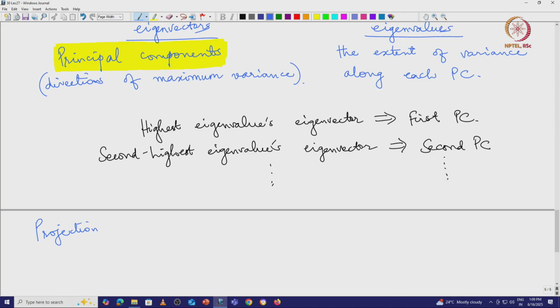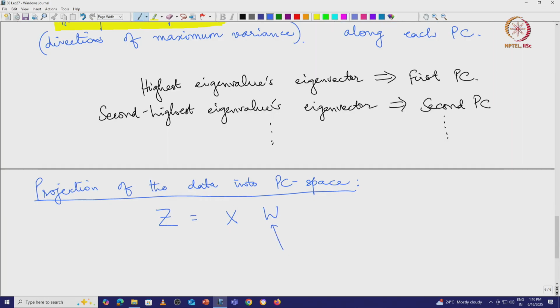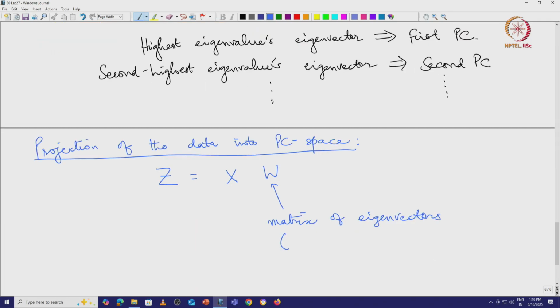So, we want to project the data into the principal component space, and this is done through the equation z equals x times w, right, where w is the matrix of eigenvectors, right, the chosen principal components.